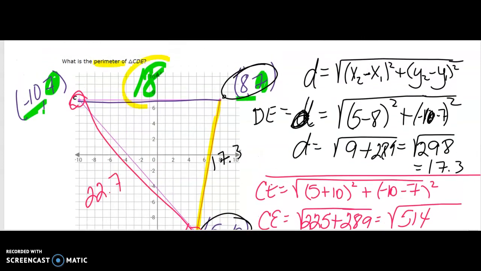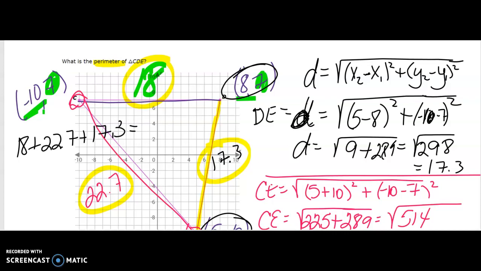We're finding the perimeter, so we're going to add all of these up. So 18 plus 17.3 plus 22.7 equals 58. Let me write that down. 18 plus 22.7 plus 17.3 equals 58 as the perimeter. And we've only done 3 problems, right?